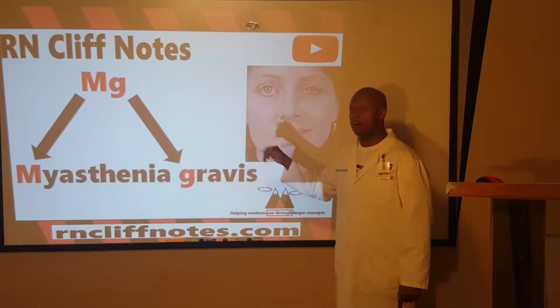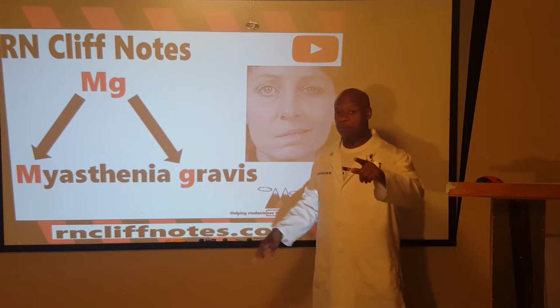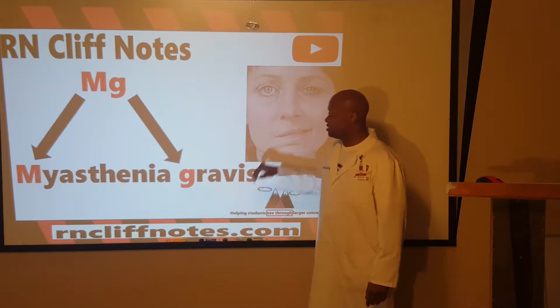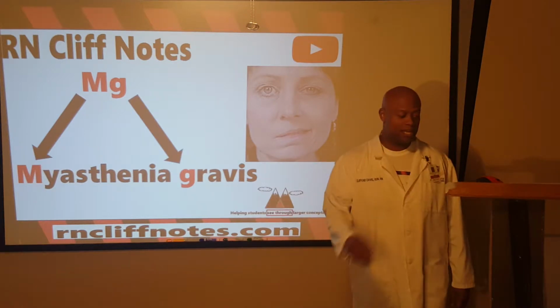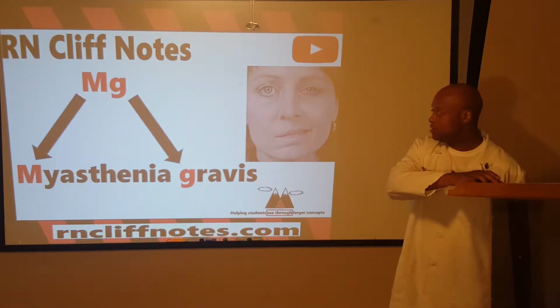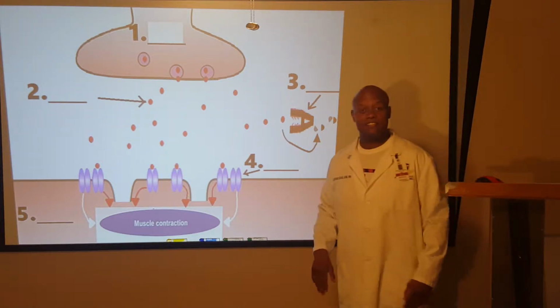Myasthenia gravis, a problem at the muscle junction. And by the way, patients tend to suffer from ptosis. We see that with the letter P in front of it, ptosis.